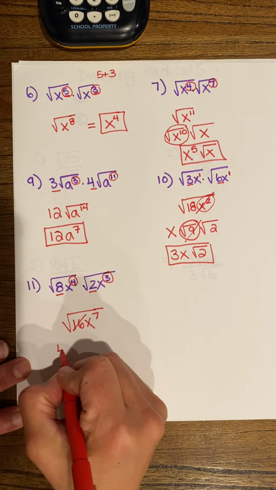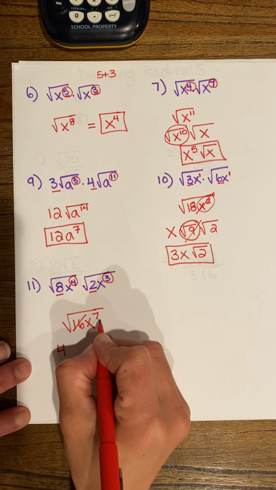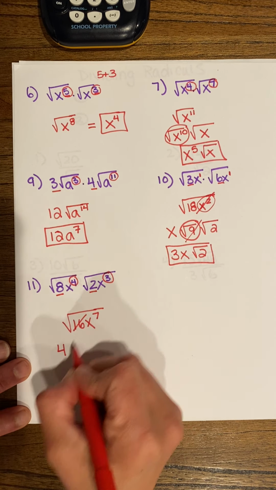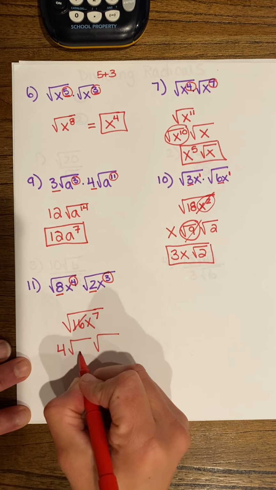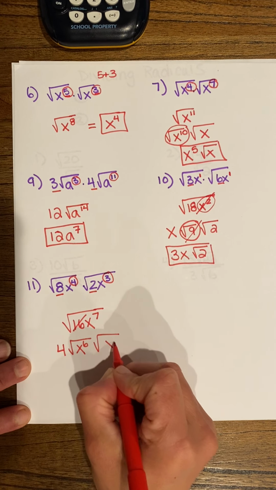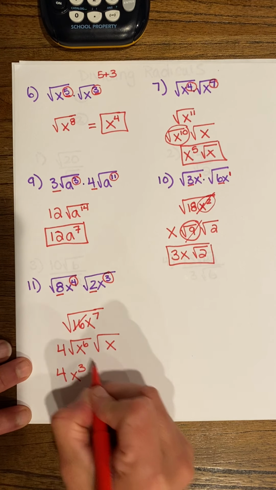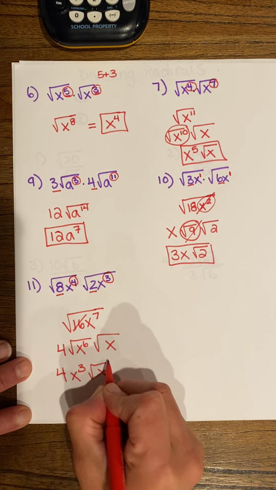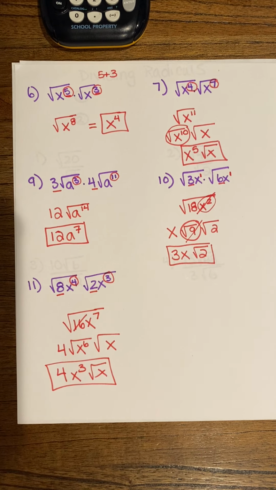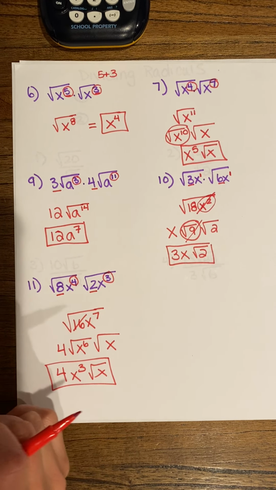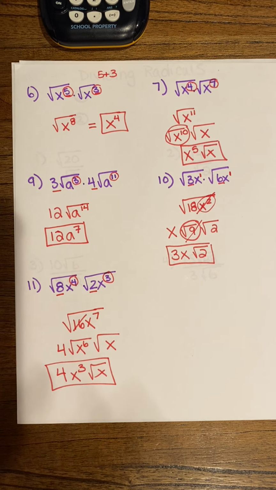So the square root of 16 is 4. Now, x to the 7th. Since it's odd, we break it down into x to the 6th and x. We cut the x to the 6th in half. We get x to the 3rd. And then we are done. So that's multiplying, right? Again, multiply outsides with outsides, insides with insides, and simplify if you need to.